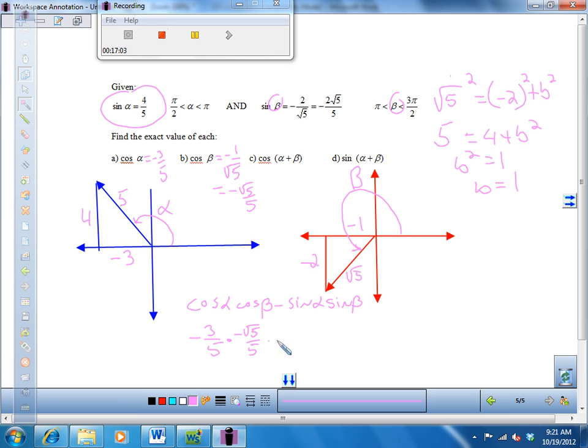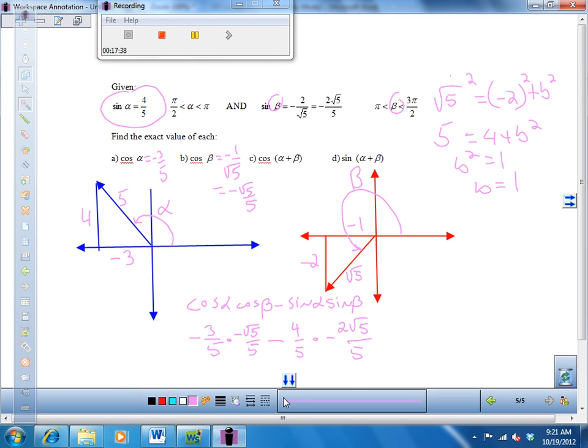Minus sine alpha, which they gave you, is 4/5, or you can get it from the picture. Sine beta is -2 over root of 5, which they gave you up here, which is equal to -2 root of 5 over 5.